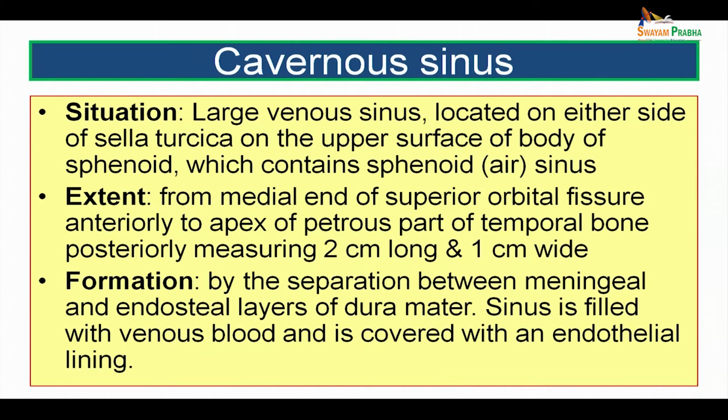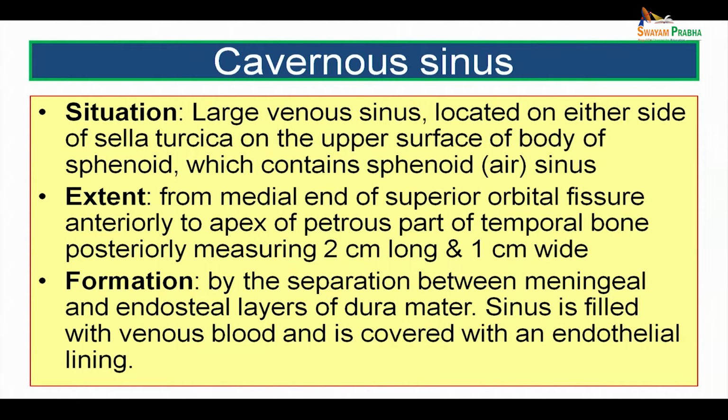Let us now study the cavernous sinus. Situation: this is a large venous sinus located on either side of the sella turcica on the upper surface of the body of the sphenoid bone, which contains the sphenoid air sinus.